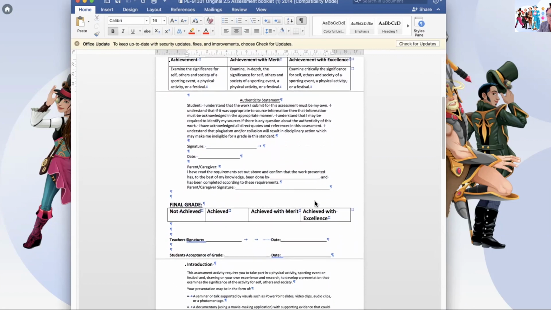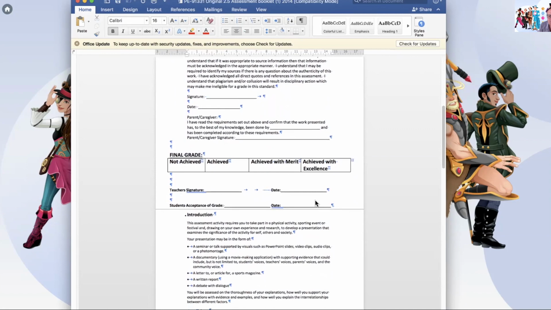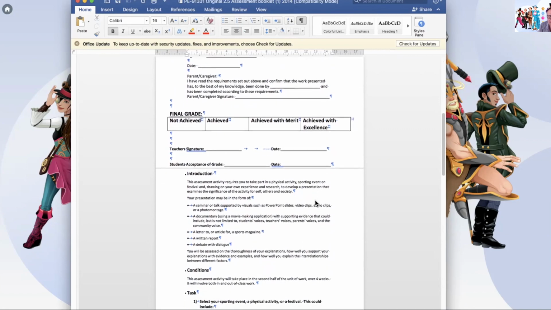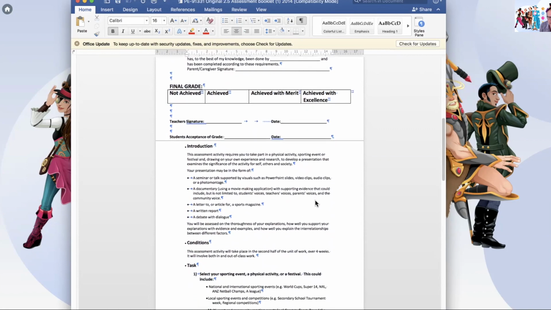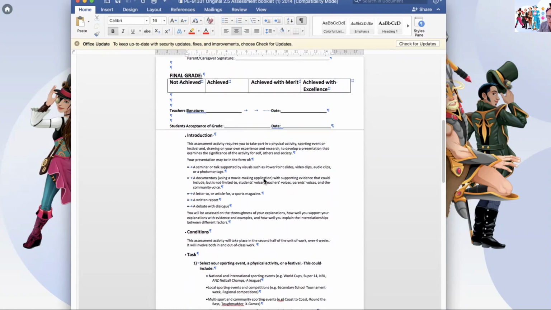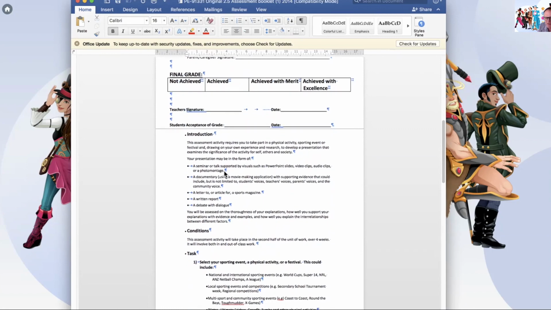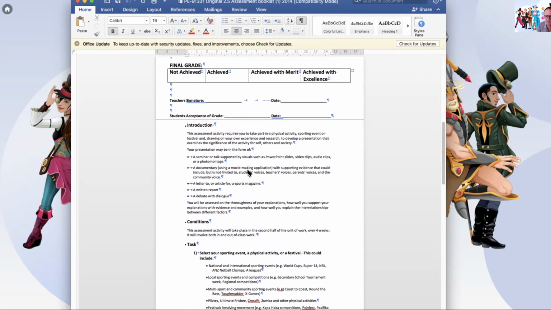Nigel reads this, he turns to page 2, and he sees some more guff about the assessment required that he has to do. And he says he could take part in physical activity, requires him to take part, and he has to examine the significance, and he carries on. His presentation may be in the form of a seminar, which could be video clips, audio clips, PowerPoint slides, or a photo montage. It could be a documentary. He might make a movie.